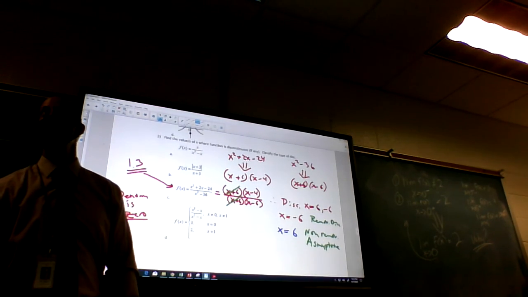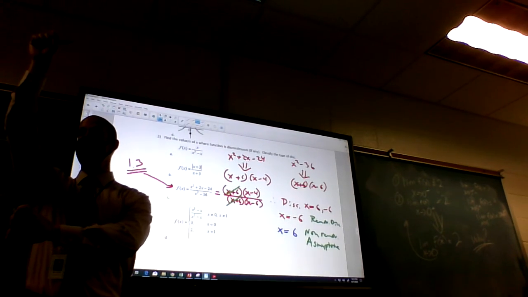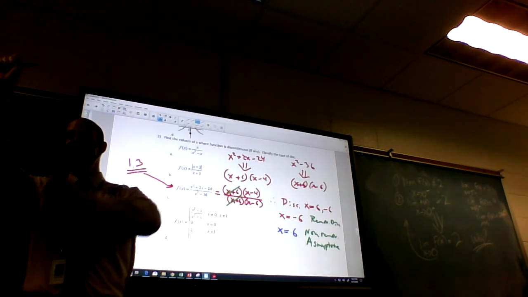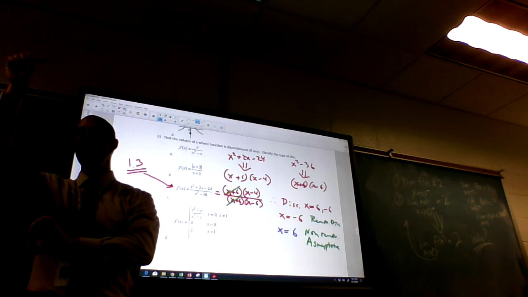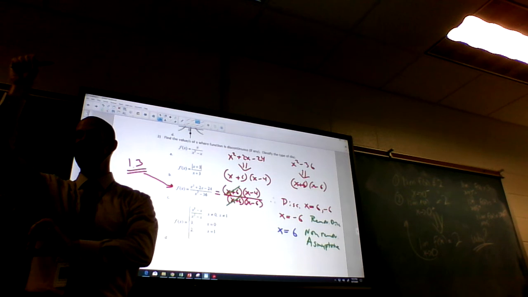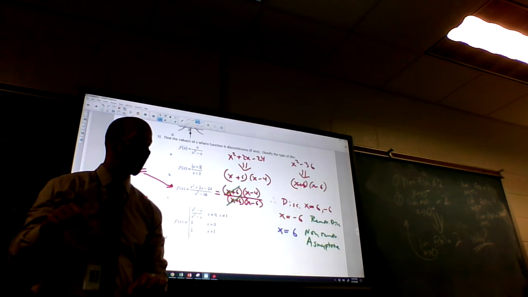It's going to make a vertical asymptote. It's going to go to negative infinity and to positive infinity. So the limit on the left is going to go to negative infinity. The limit on the right is going to go to positive infinity, which is DNE. The limit is DNE. So the limit doesn't exist. That makes it non-removable. Did I just answer your question?